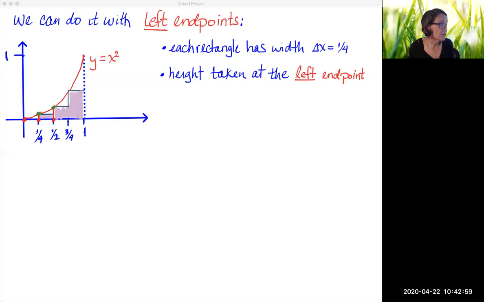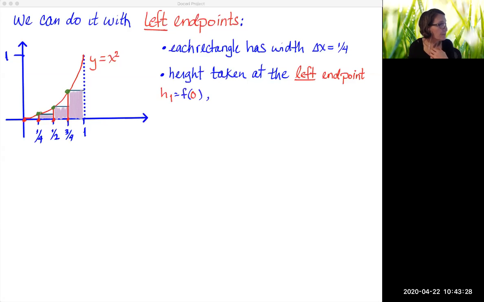So that's the height of the third rectangle. And then the fourth rectangle, the last rectangle, we're taking the left endpoint, and the height of that rectangle is that point on the curve where x equals 3/4. The height of that rectangle is f of 3/4. So there's 4 rectangles there. You just can't see the first one.